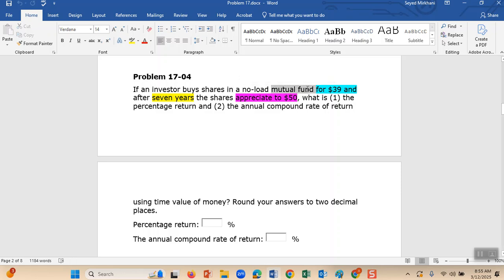When we say mutual fund, that means it is not just one stock, it's a basket of stocks. There are 20, 30, 40 stocks inside this, and the fund manager puts them together and sells you a small piece of it.